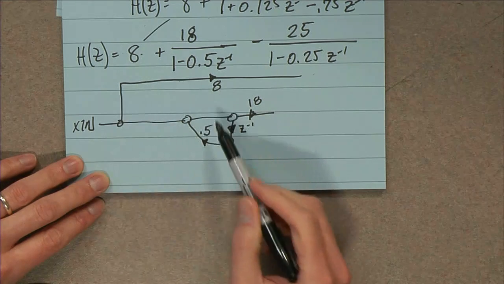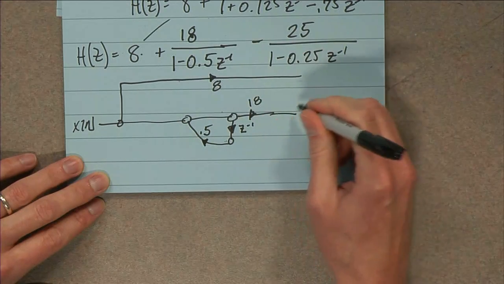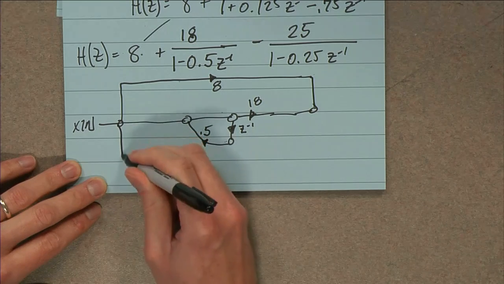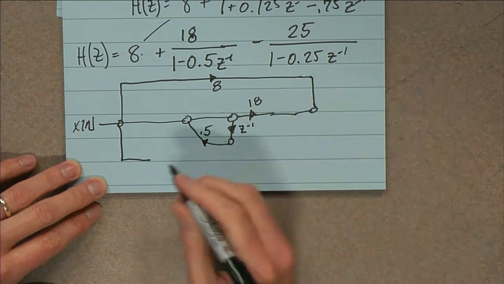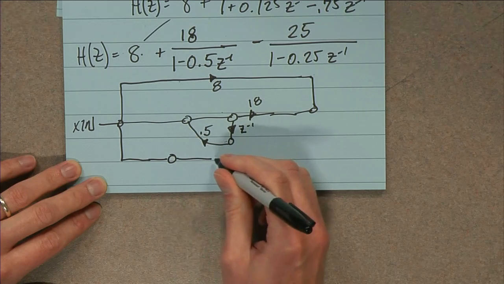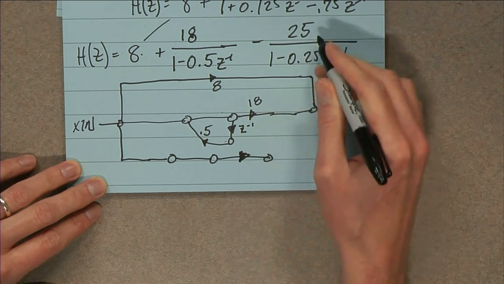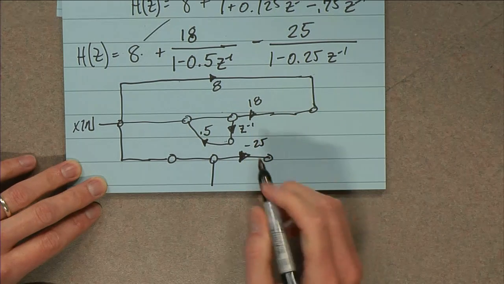And now we have 8 done, and we have this term, which is our second term. All this has to be summed. And we've got our final term, minus 25 over this. So if B0 is minus 25, we have that. And A is what?